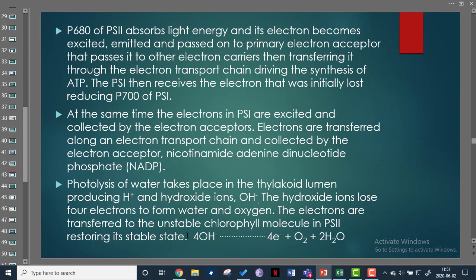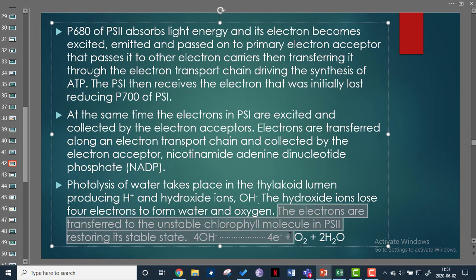But this depends on how many electrons it had before, from your chemistry. Atoms lose electrons to be stable, and at the same time they can lose electrons and become unstable, depending on how many electrons they had initially in the outermost energy level. But here, the electrons are transferred to the unstable chlorophyll molecule in photosystem 2 because it had lost electrons and became unstable, so this is meant to restore its stability.